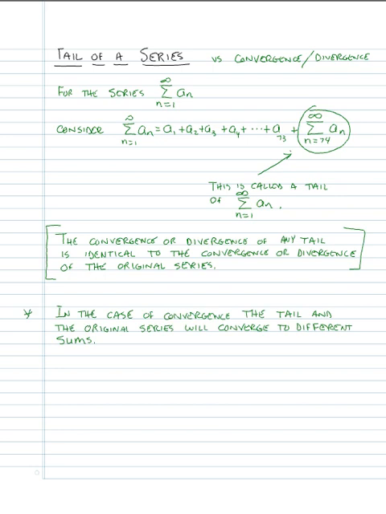In a restatement of what I just said, in the case that we have a tail and the original series, and we know that we have convergence of one, then we know we have convergence of the other. But it is important to know that each of the tail and original series will converge to different sums. They both converge, but they'll converge to different sums.